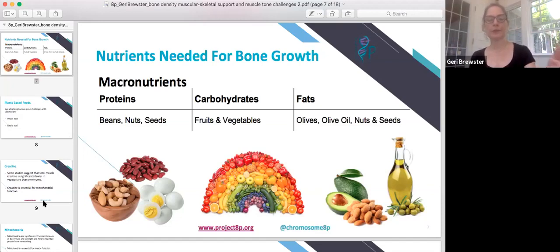Even from a vegetarian standpoint, there's the egg component, along with the beans and the nuts and the seeds for proteins. And then all the carbohydrates coming from that whole rainbow, literally, of vegetables and fruits. And then all your good fats.